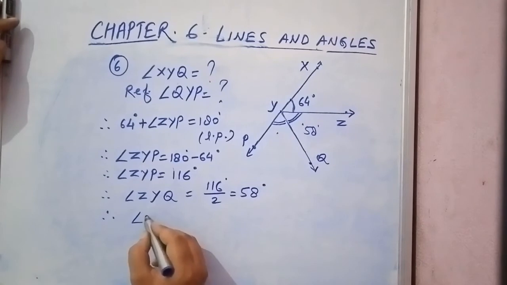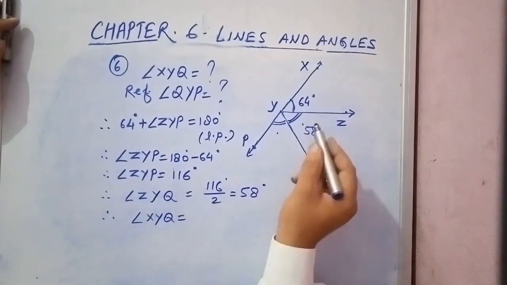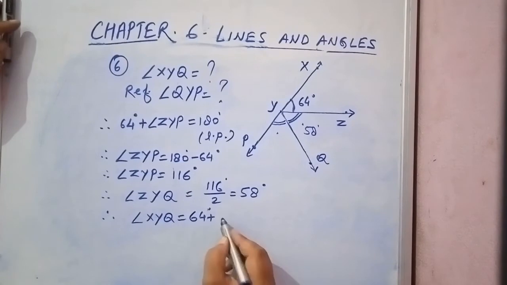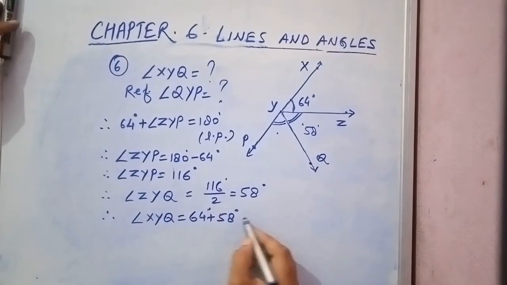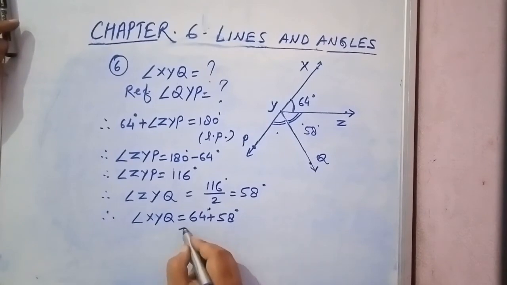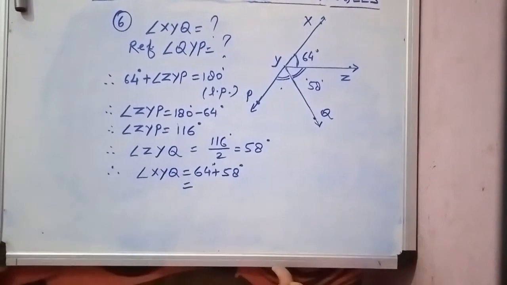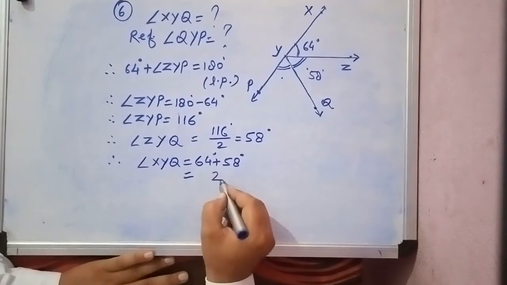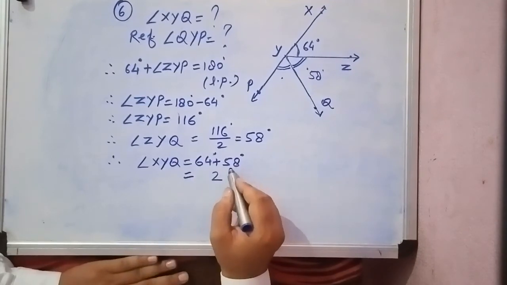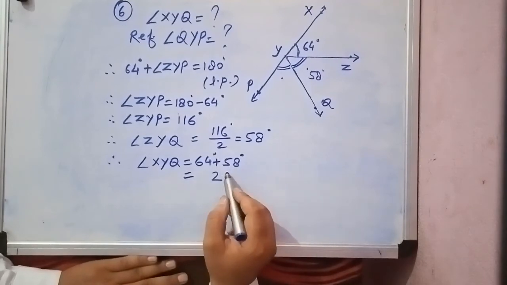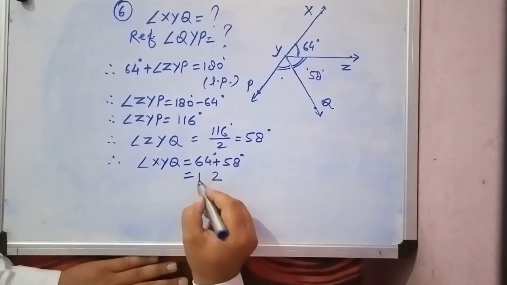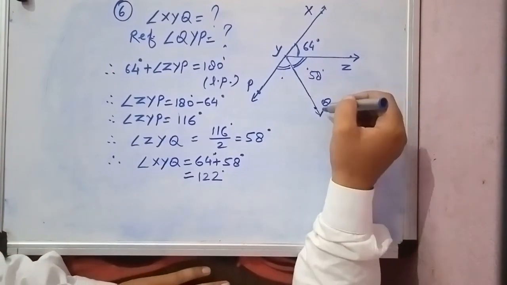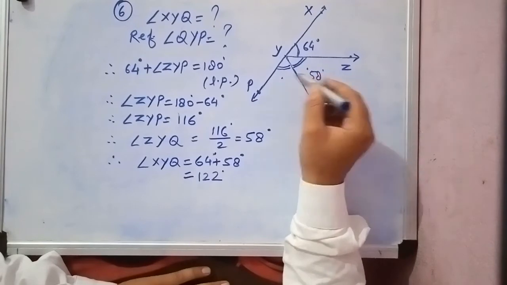So angle XYQ equals 64 degrees plus 58 degrees. 4 plus 8 is 12, carry 1, and 5 plus 6 is 11, plus 1 is 12. So it is 122 degrees.